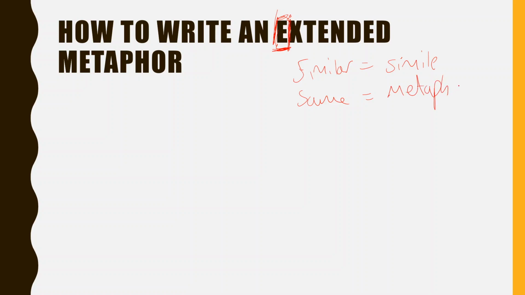So if, for example, I said the student was as fast as a cheetah, then that is a simile because I'm saying as fast as a cheetah. I'm saying they're similar to a cheetah, but they're not literally a cheetah. But if I said they are a cheetah, or they're a lightning bolt, they actually are that thing, then that is a metaphor. An extended metaphor is the same thing as a metaphor, except it is extended. You make it a bit longer by adding some more things in, okay? Which I'll show you in a second.